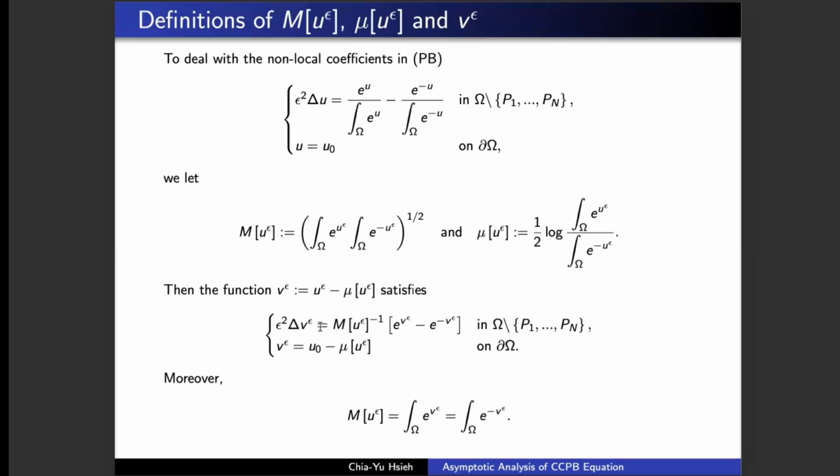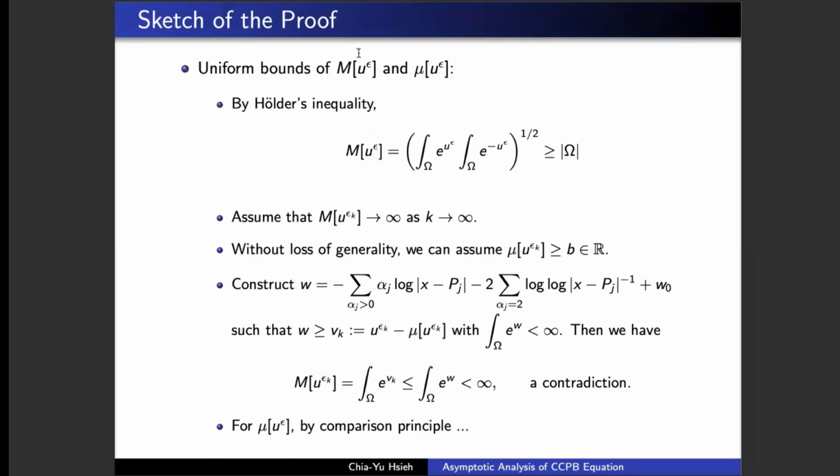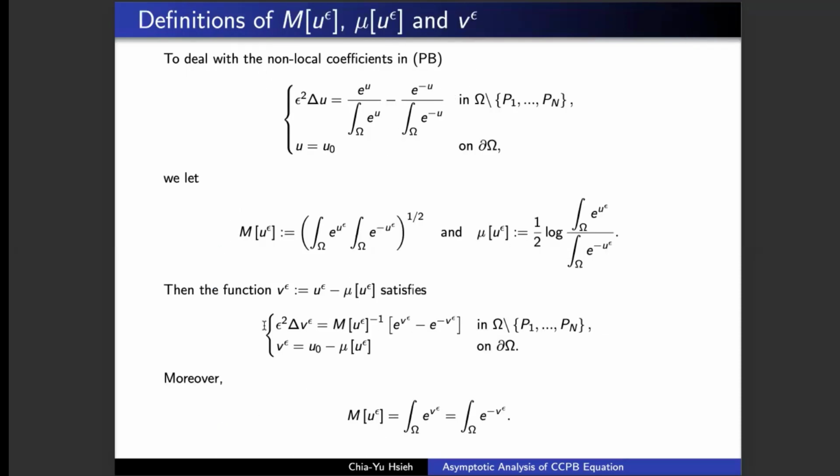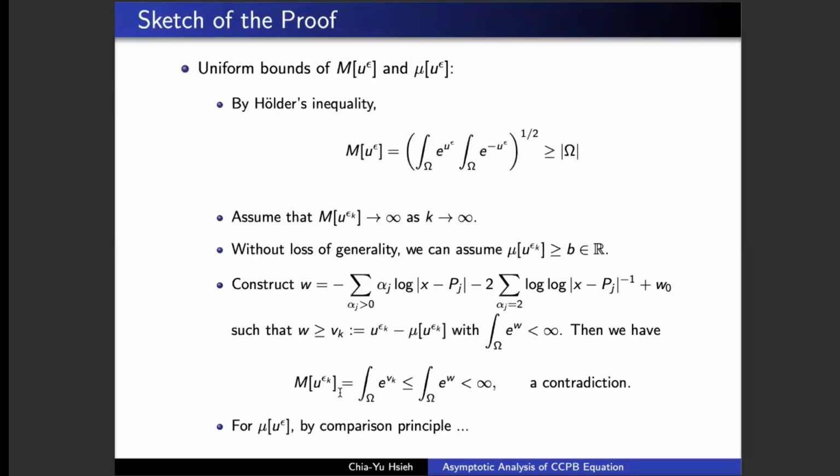So our next step is to get uniform bounds of M and mu, so that although there are M and mu here, we can consider them as order 1 coefficients, and also its boundary condition is bounded. So how do we prove the uniform bounds of M and mu?